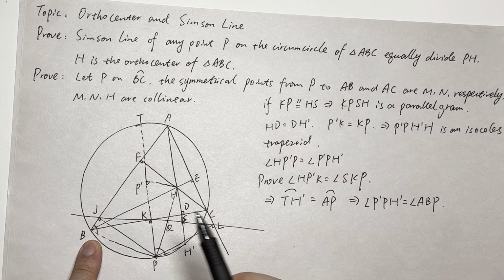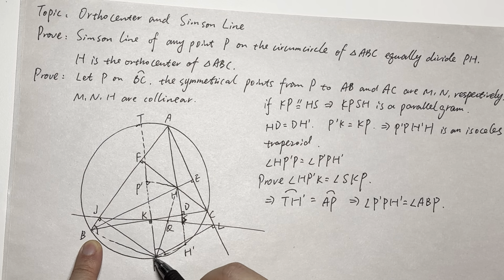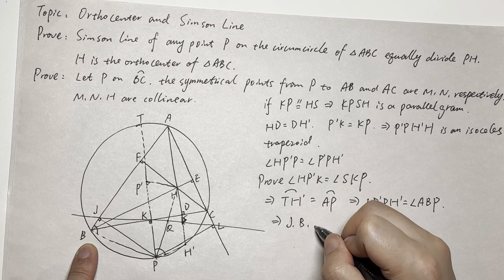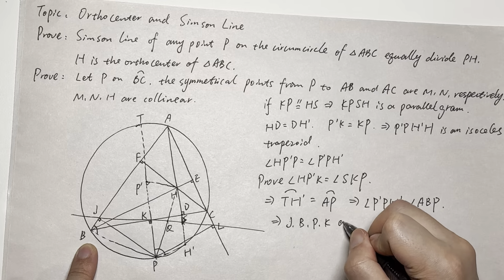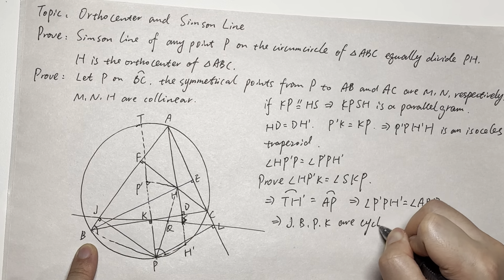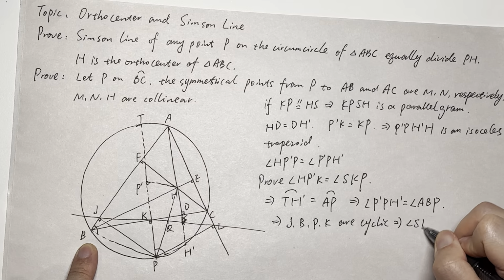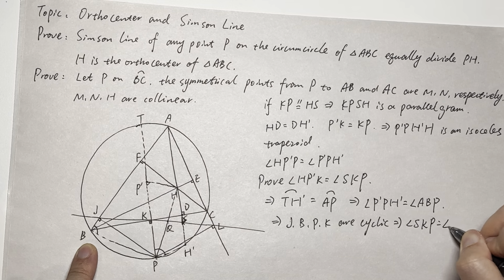That means the angle SKP equals angle JBP, or angle ABP, right? So we know that JBPK are cyclic. And then we know that angle SKP equals angle ABP.